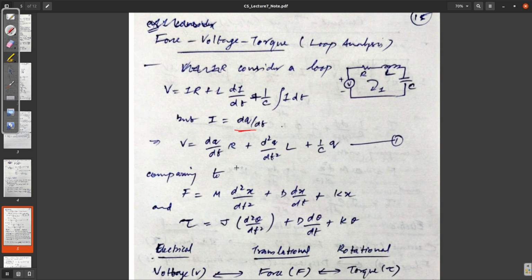Now we can compare this to the mechanical systems, where f equal to m d squared x by dt squared plus d dx by dt plus kx, and tau equal to j d squared theta by dt squared plus d d theta by dt plus k theta. We can do this as a direct comparison.